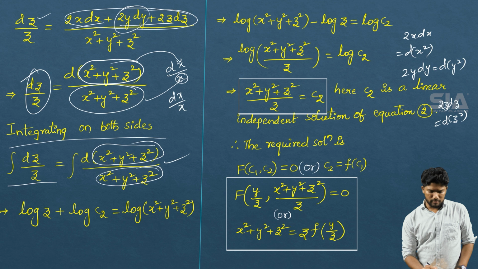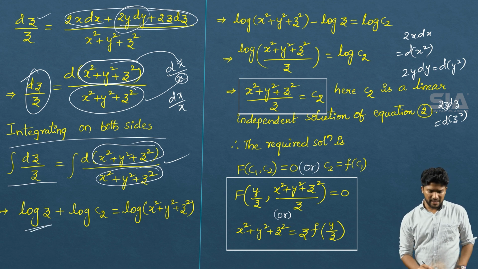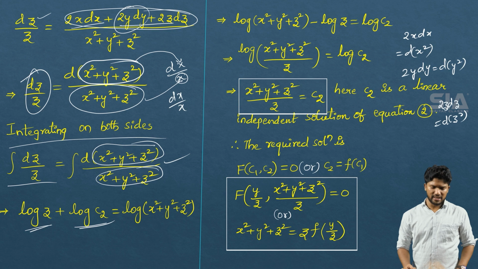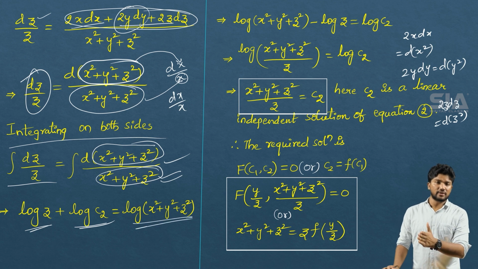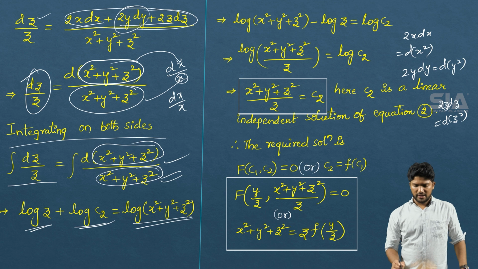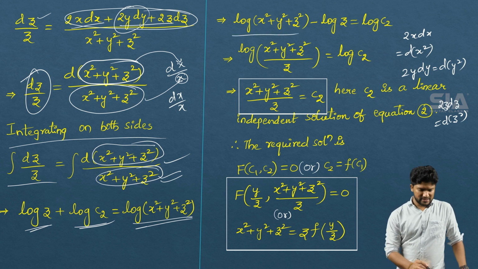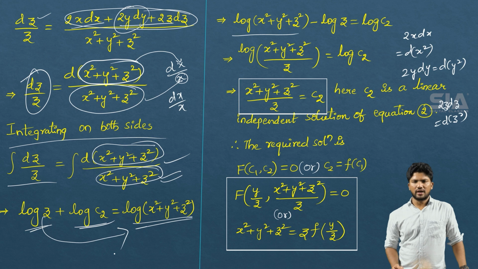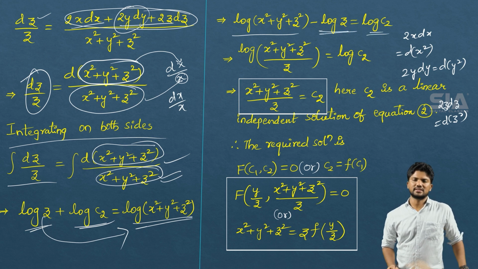Then you can apply the formula: integration of 1 by z dz means log z plus log c2, the integration constant. Here, integration of 1 by x, where x means x square plus y square plus z square, gives log of x square plus y square plus z square. Now send this log z value to RHS: log of x square plus y square plus z square minus log z is equal to log c2.